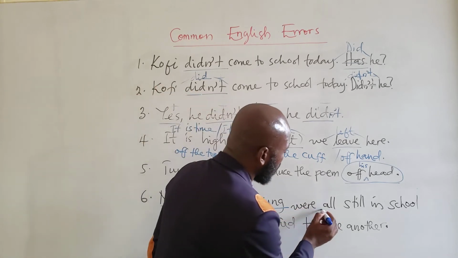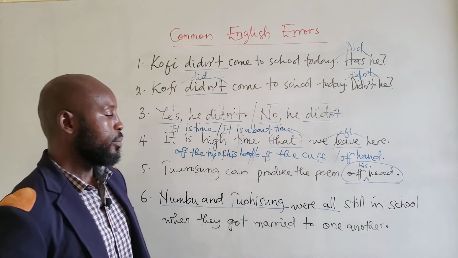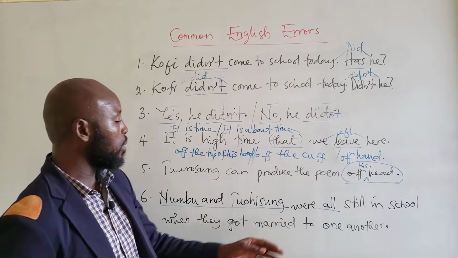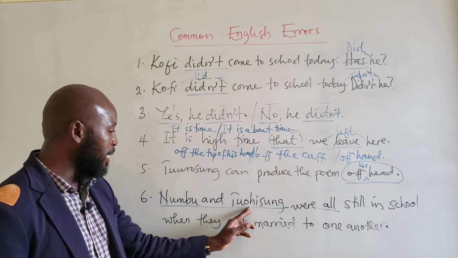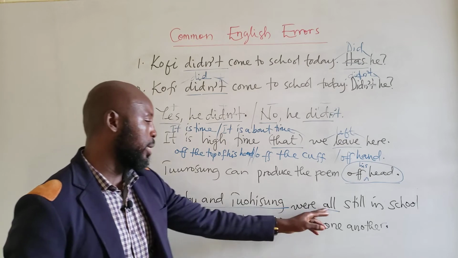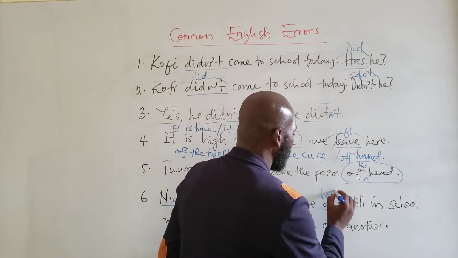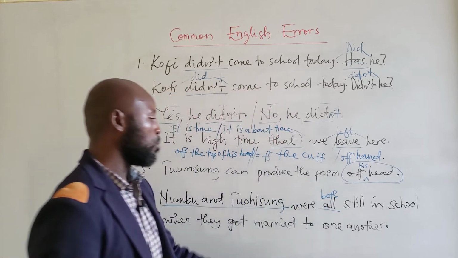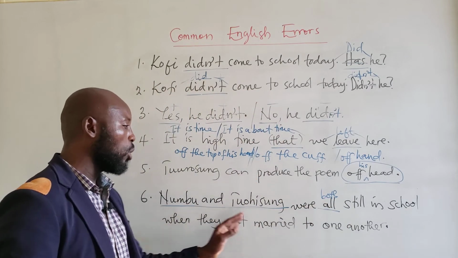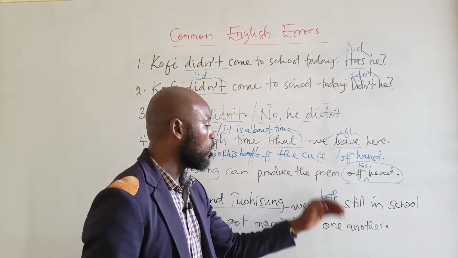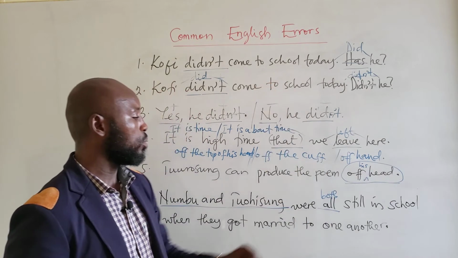The word "all" here is a pronoun emphasizing the number. So we say this is an emphatic pronoun. It's inappropriately used. It should be "both", because "both" goes with two people, "all" goes with more than two.